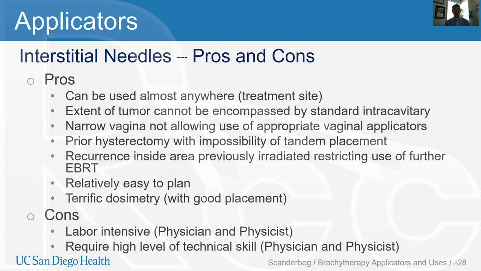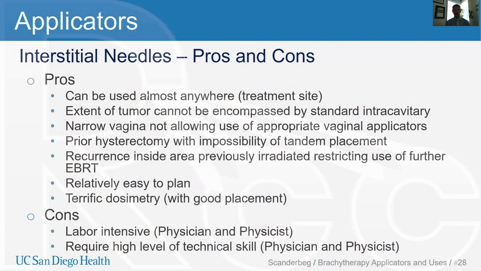So these are a few advantages and disadvantages of the interstitial needles. Advantages include terrific dosimetry, and they can be used almost anywhere as long as the physician can place them, and they can be fixed to that location for treatment. That's another important point, so that they stay in position.